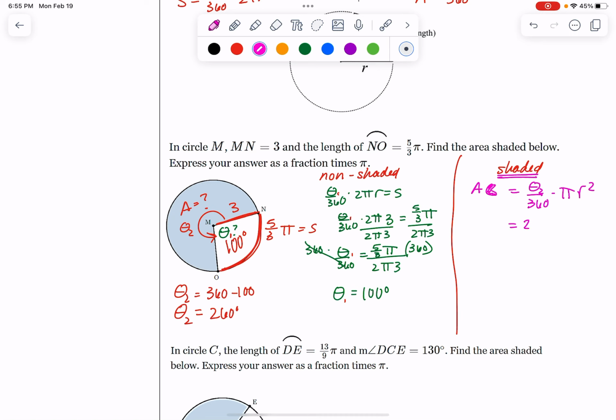So now I know that my theta is 260 over 360 times pi 3 squared. So I can put that all in the calculator and get 13 over 2 pi units squared.